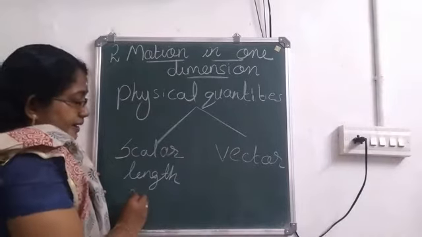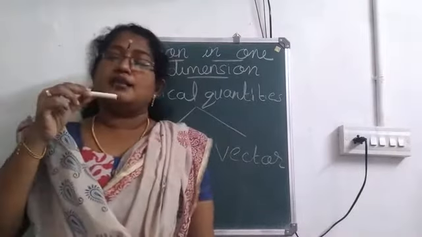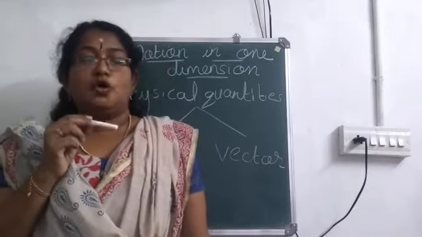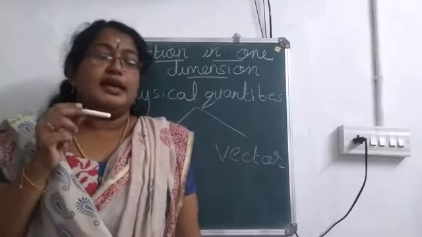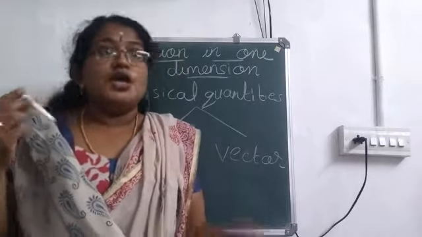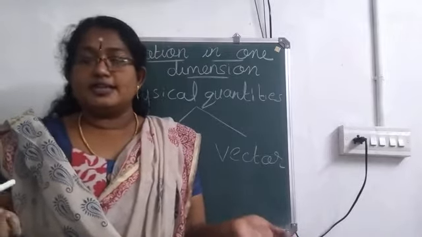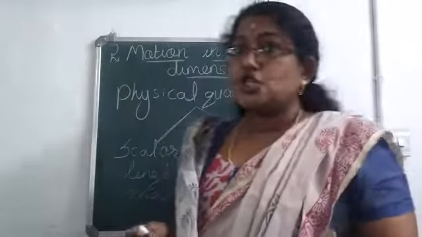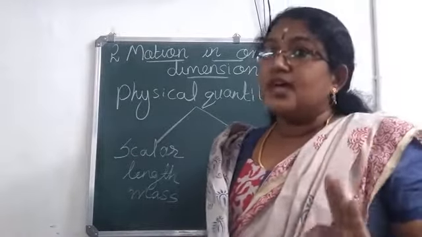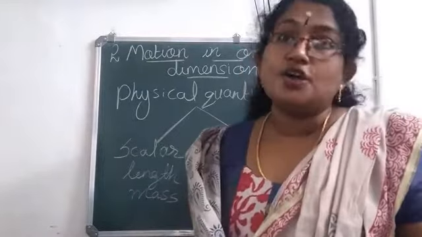Then again, mass. If I say that the mass of this chalk is 0.25 gram, it is complete, isn't it? No need to give more explanations about that. Such quantities which can be clearly expressed with their magnitude and unit are called scalar quantities.